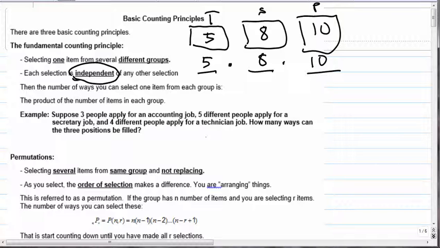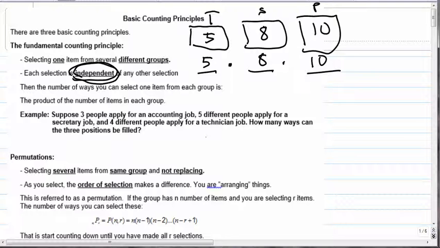And again, assuming this concept of independence, that is, the way I picked a teacher had nothing to do with how I picked a student or a parent, then the fundamental counting principle says the number of ways I can do this is just the product of these 3 numbers here. That's what we mean by the fundamental counting principle. It can be generalized into what we're going to be seeing later on in terms of permutations and combinations, but that's the basis of counting, the fundamental counting principle.